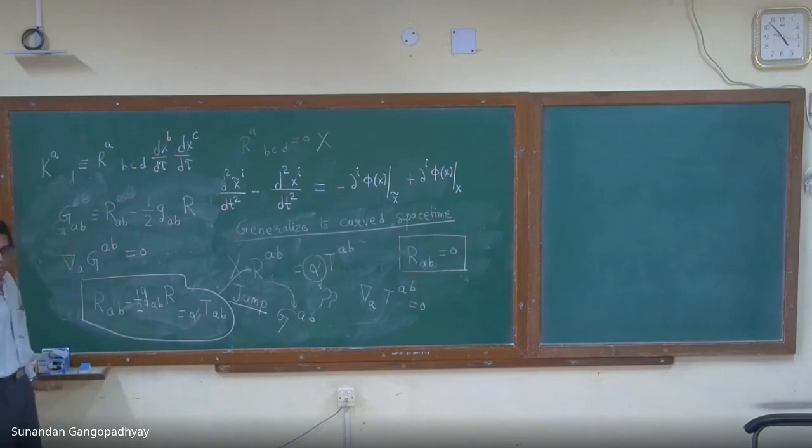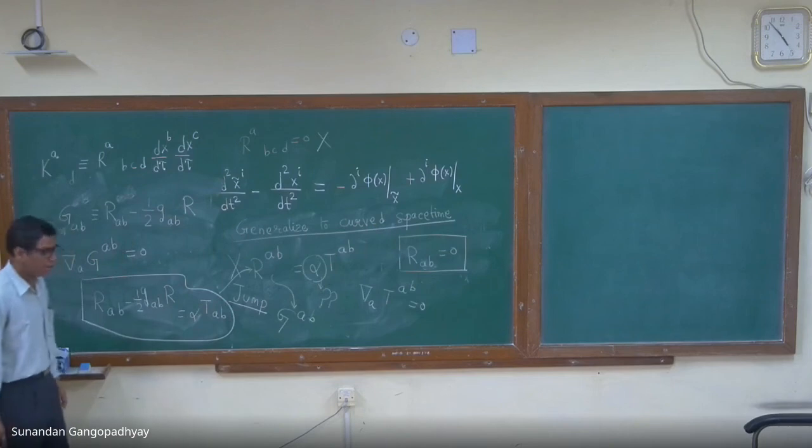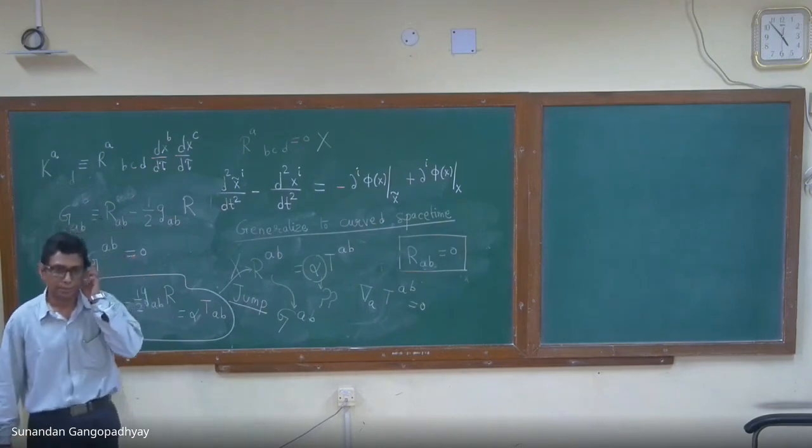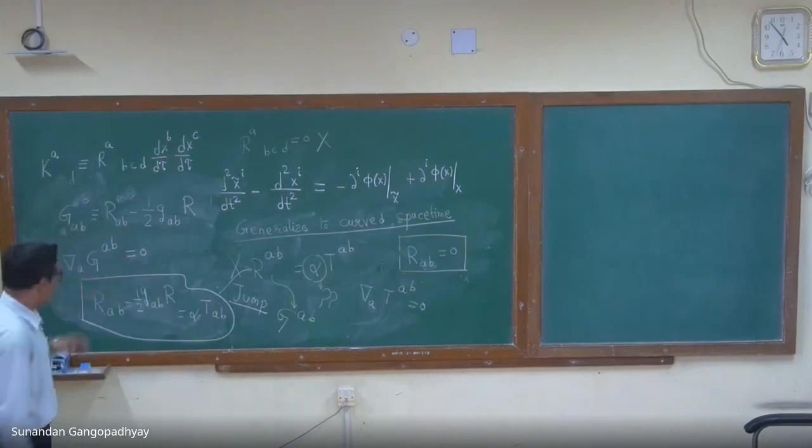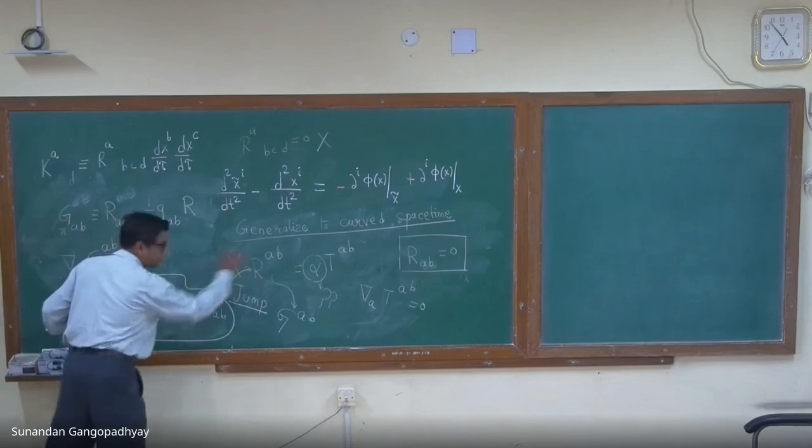Now everything is fine from the conservation point of view, because the right hand side is covariantly conserved. The left hand side is a tensor that is identically covariantly conserved because of the Bianchi identity.